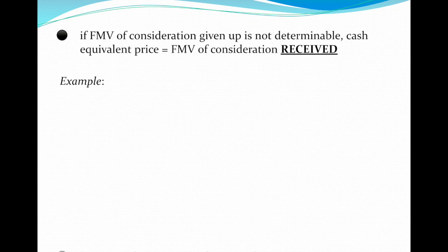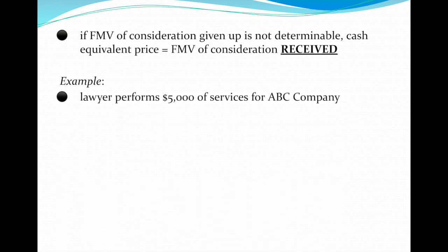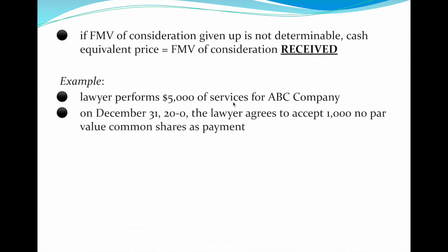So, for example, a lawyer performs what he would describe as $5,000 of services for ABC Company. So on December 31st of whatever year, the lawyer agrees to accept 1,000 no par value common shares as payment.